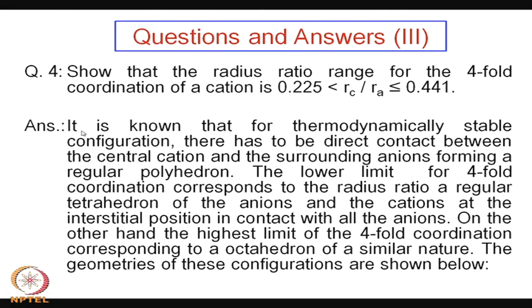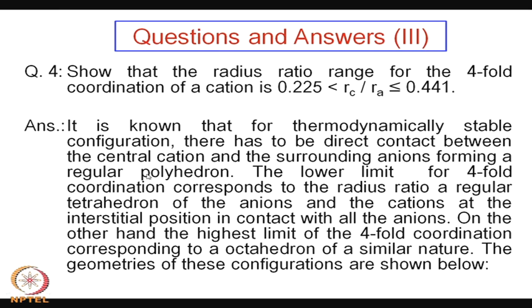This is our next consideration. It is known that for a thermodynamically stable configuration, there has to be a direct contact between the central cation and the surrounding anions, forming a regular polyhedron. The cation must touch the surrounding anions.